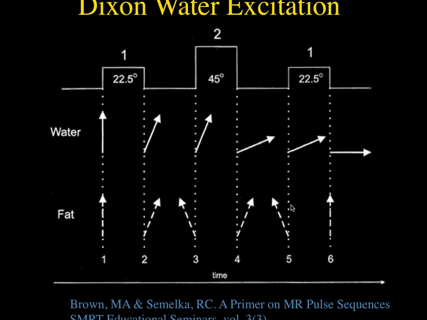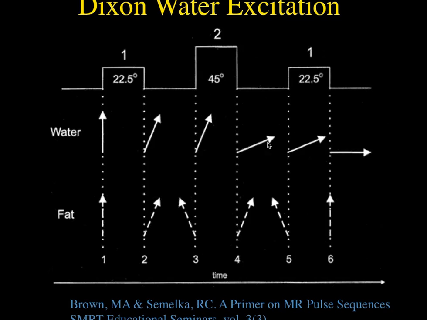Another thing is called the Dixon technique, and a Dixon technique is very similar to what we just talked about. Here you give a 22.5 degree pulse, you rotate both water and fat into the plane, then you wait until they get 180 degrees out of phase, you put in a 45 degree pulse.